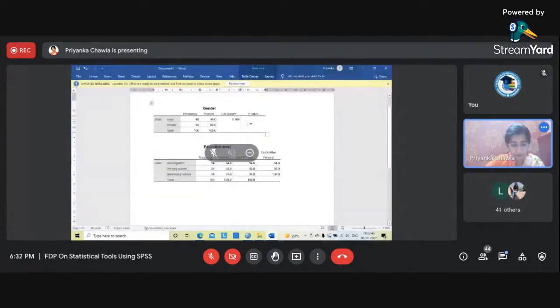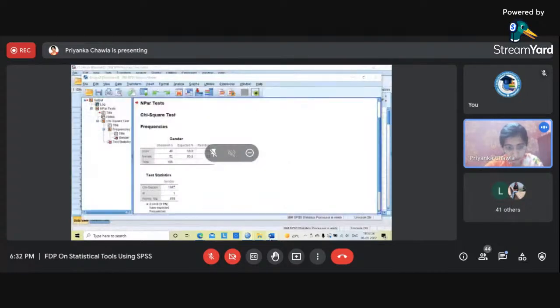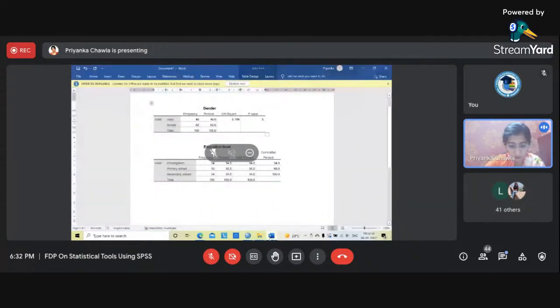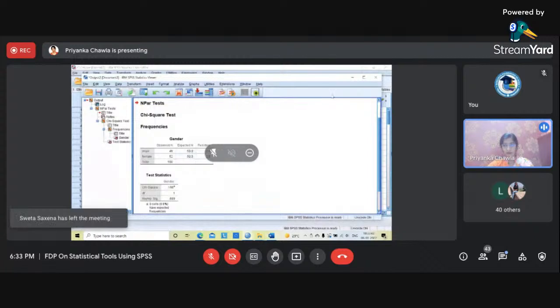Since the p-value is greater than 5% level of significance, we will retain this hypothesis. Single variable chi-square, I hope it is clear.